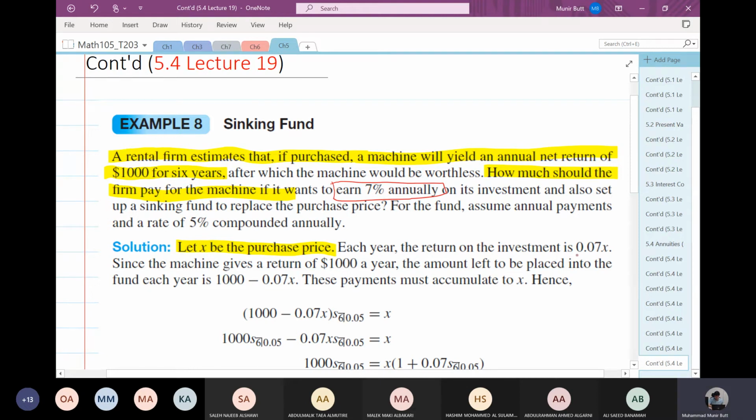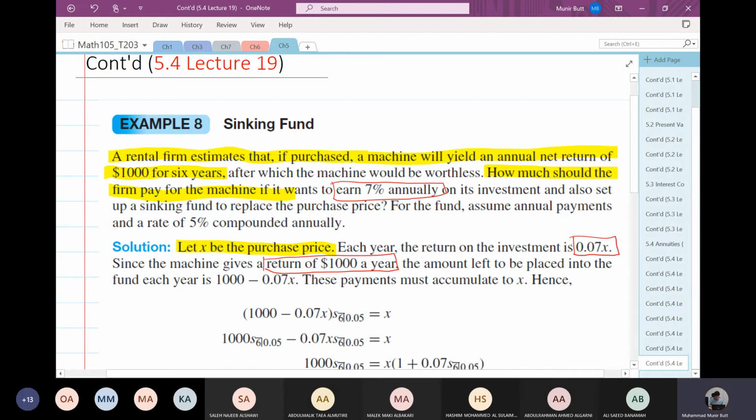If the price is X, what will be 7% of X? 0.07 into X. Now the machine gives a return of 1000 a year. So what is the amount left after this investment? It will be 1000 minus 0.07X. So this is the amount that is left.